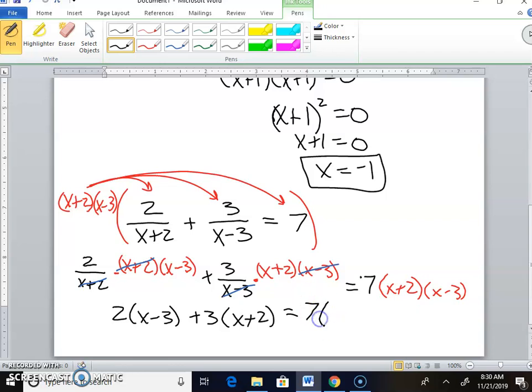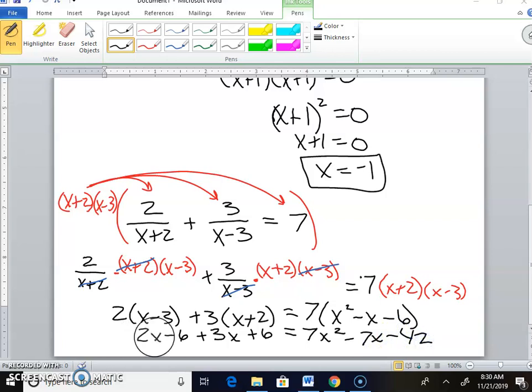That would give me a 7 times x squared minus x minus 6. Okay, I'd need to distribute. That would give me 2x minus 6 plus 3x plus 6 equals 7x squared minus 7x minus 42.